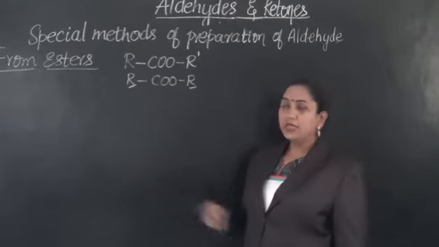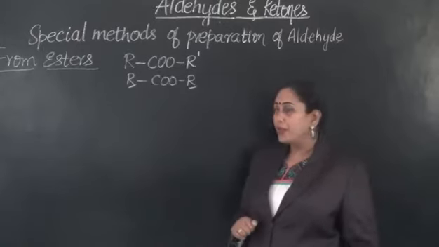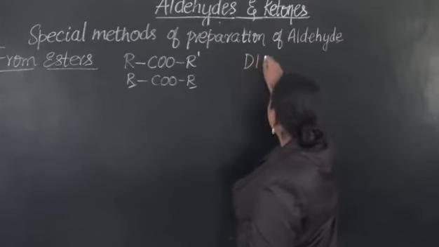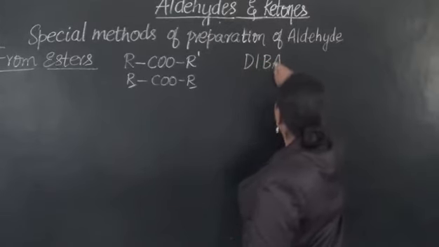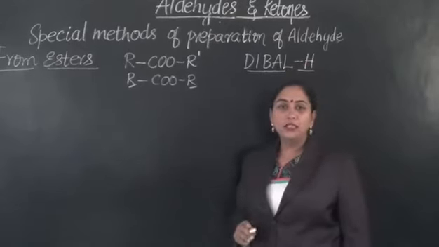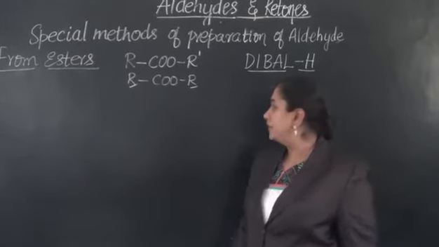Either case will give us the corresponding aldehyde when treated with the reducing agent, namely DIBAL-H. In the previous video, I have discussed the structure of DIBAL-H. You can refer to its structure for easy understanding.